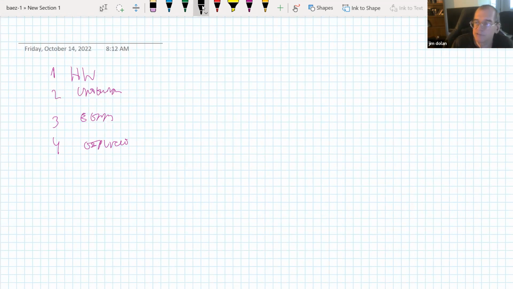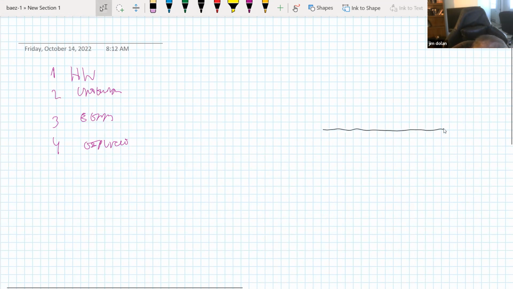I can't remember any of the names of the drawings that people draw here. It's like a picture of the upper half plane with, well, you can tell me names for what I'm trying to draw here. You can probably draw them better, but let's see. I want to draw an upper half plane, so I'm drawing the boundary of the upper half plane. And maybe that's the origin there.